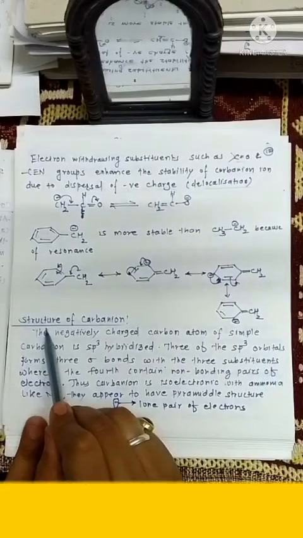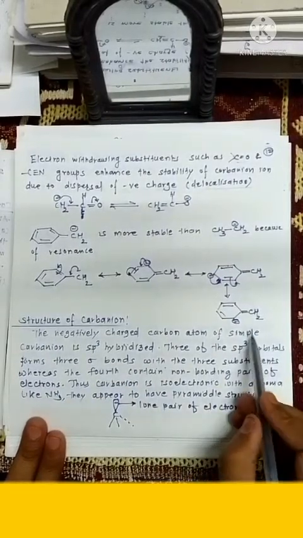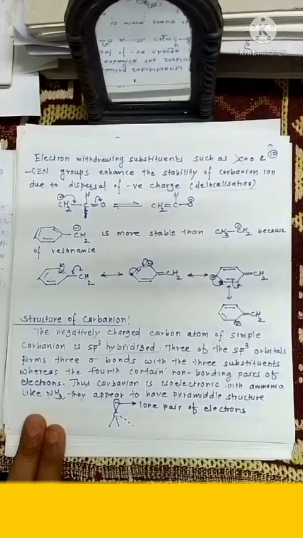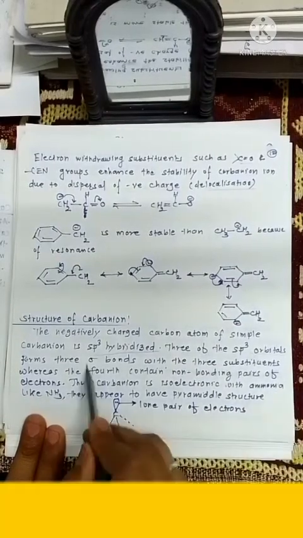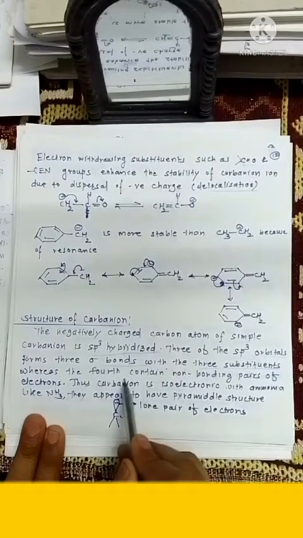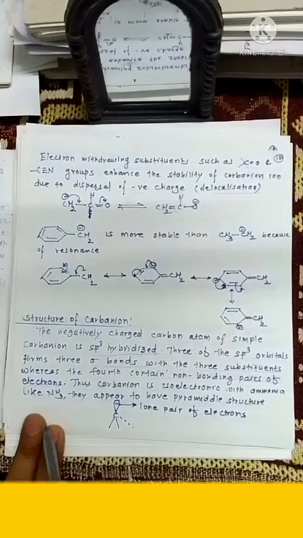Now we are going to see structure of carbanion. The negatively charged carbon atom of a simple carbanion is sp3 hybridized. Three of the sp3 orbitals form three sigma bonds with the three substituents, whereas the fourth contains a non-bonding pair of electrons.